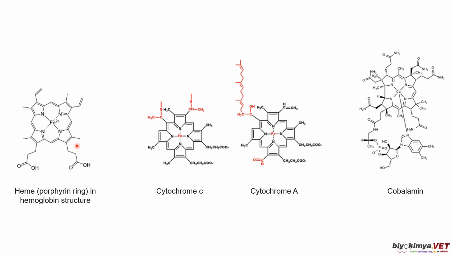Hemoglobin is naturally occurring in biological systems. The most important example is the iron porphyrin complex found in the structure of red blood cells, erythrocytes, which transport oxygen, which is essential for metabolic processes in tissues in aerobic living beings.